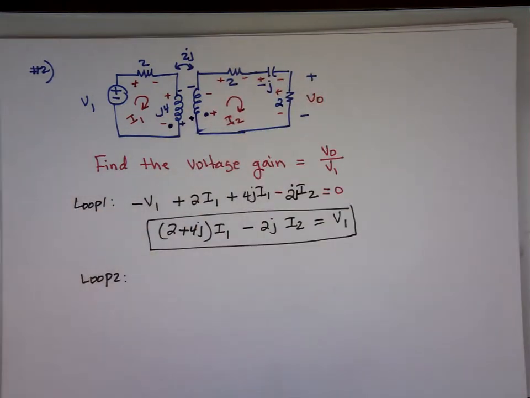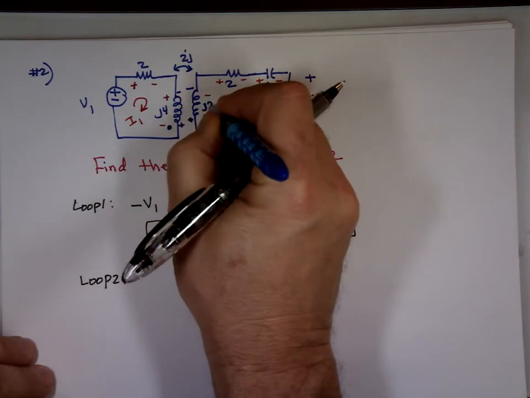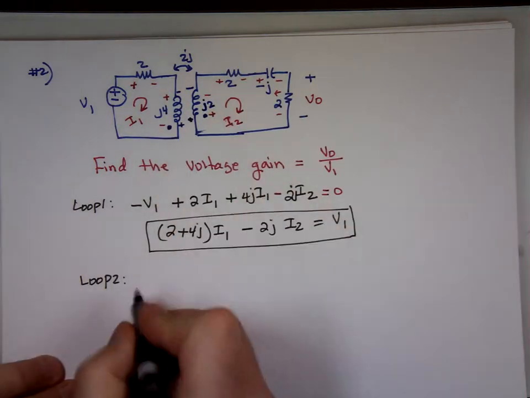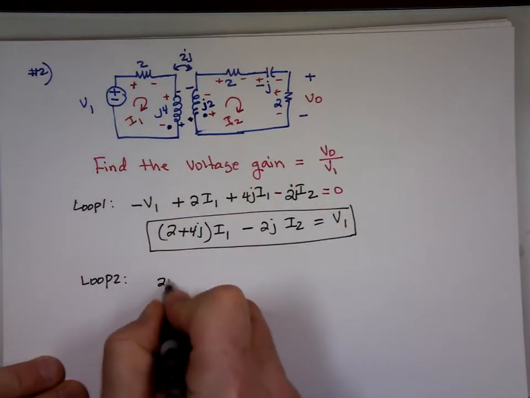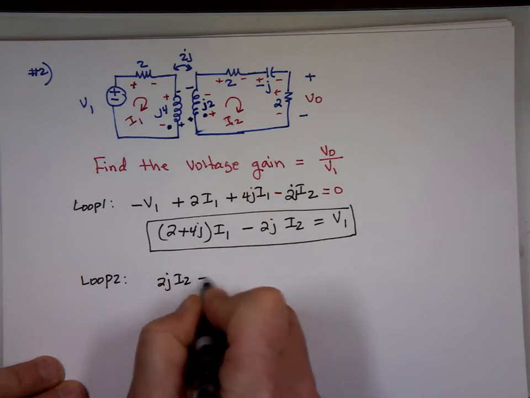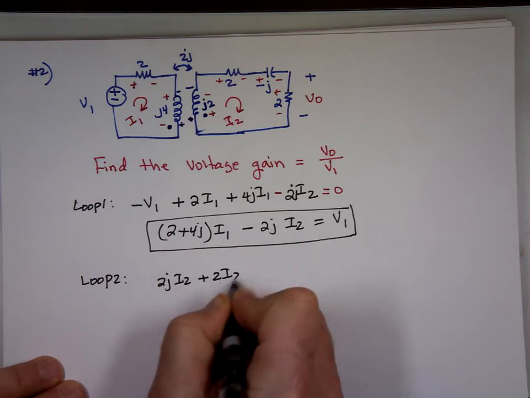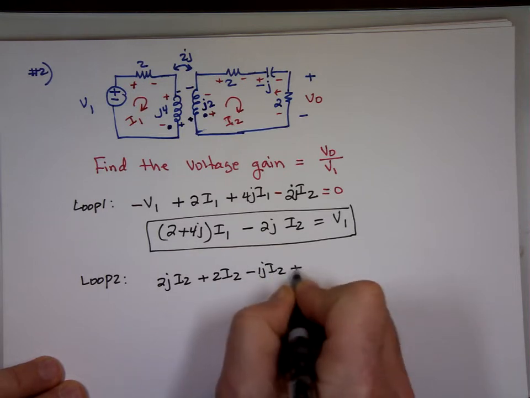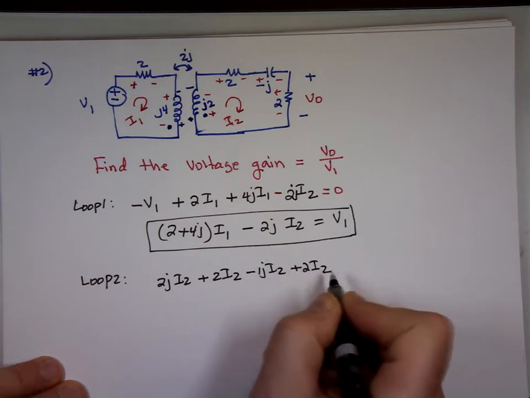Oh, I forgot to write the value of the second inductor, which is what? 2j? Okay, so that would be 2j times I sub 2 plus 2 times I sub 2 minus 1j I sub 2 plus 2 times I sub 2. All of this.